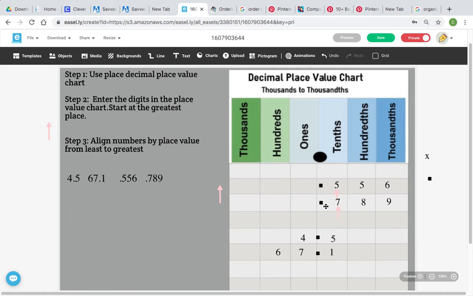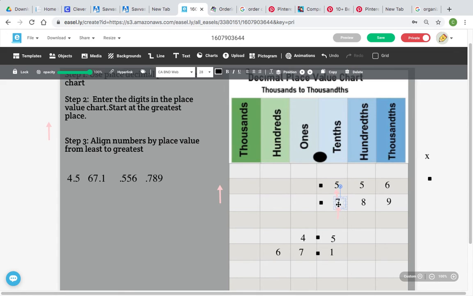Then the other number, the first digit for decimal 789, the 7 falls under the tenths value, and 7 has a greater or bigger value compared to 5. So that means that decimal 789 is bigger than decimal 556.